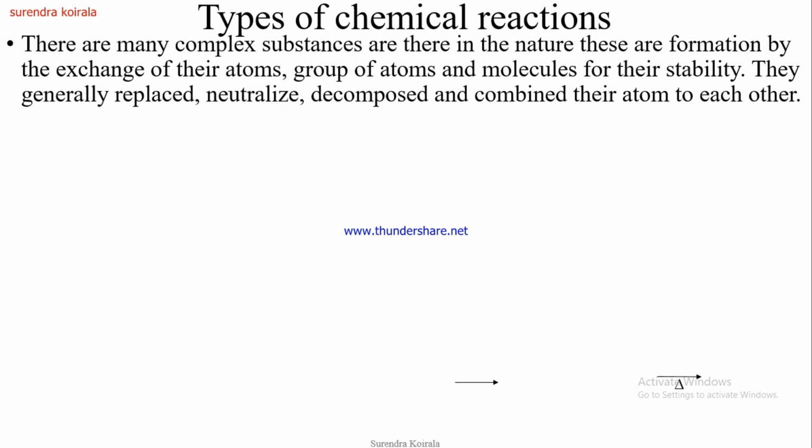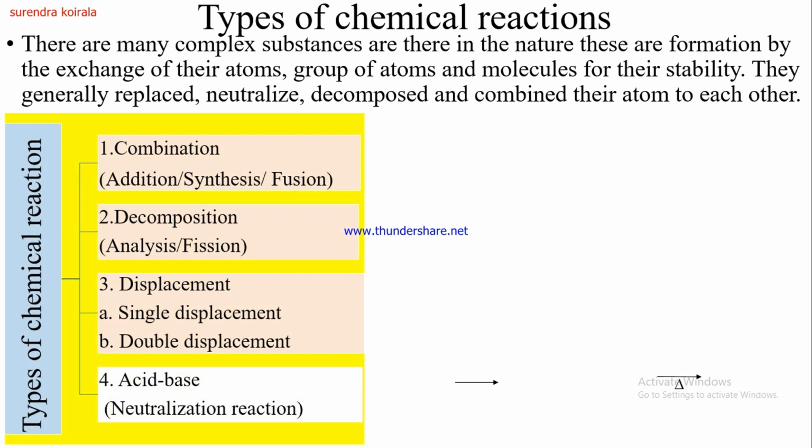And regarding the types of chemical reactions, we generally consider two aspects. Normally there are four types of chemical reactions in nature, and there are many complex substances in nature which are formed by the exchanging of their atoms, groups of atoms, and molecules for their stability.